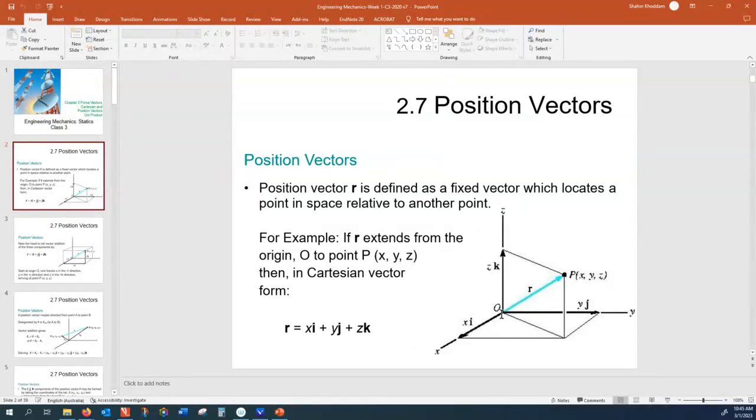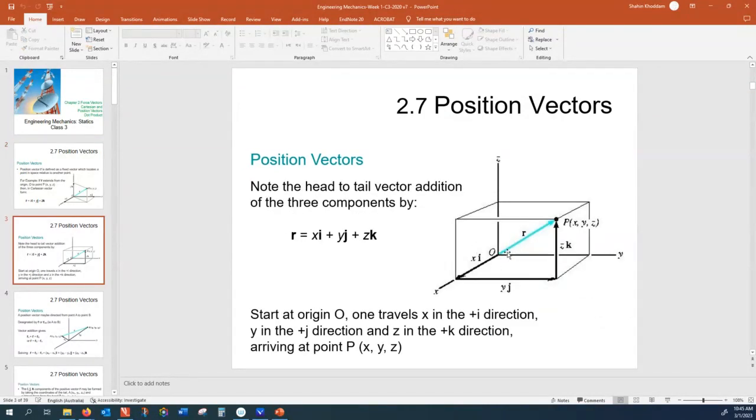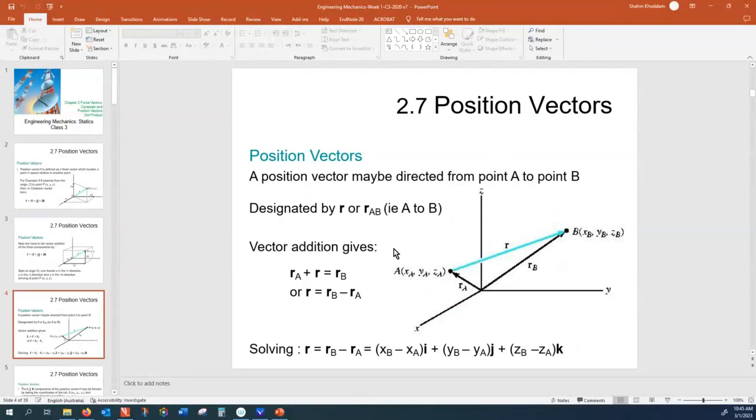If you are measuring the position of a point from the center, the vector is easy, x, y, z. But in most cases, both the starting point and end point are not at the origin, they are different points. So how do we do this? You have to remember the coordinates of the point. We are talking about the A.